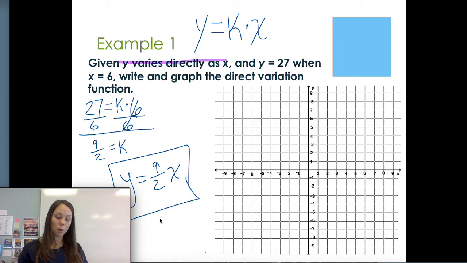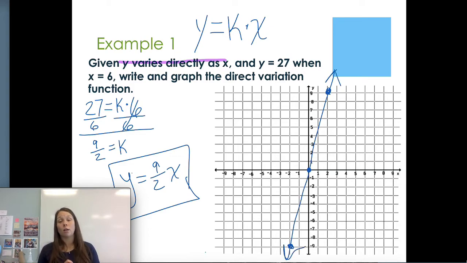Just like the warm-up, it crosses through the origin at (0, 0) because there's no constant number added to the 9/2 x. Applying my slope, I go up 9 units and to the right 2. The negative version would be down 9 units and back 2. Connecting these, we get the graph of this direct variation equation.